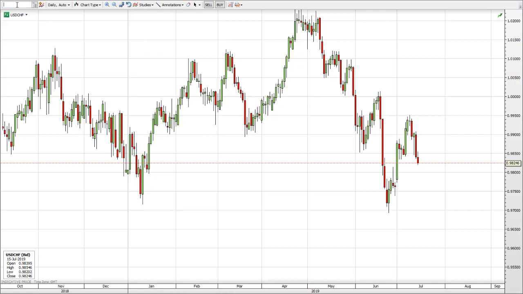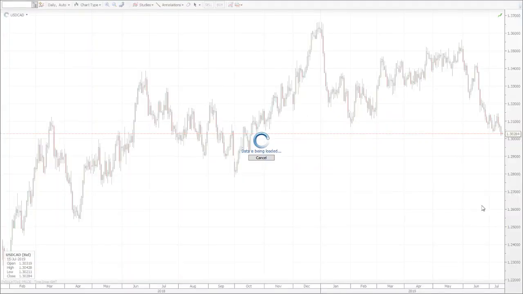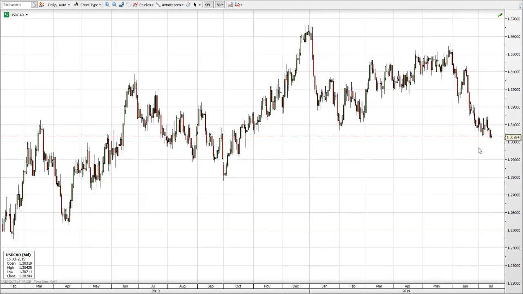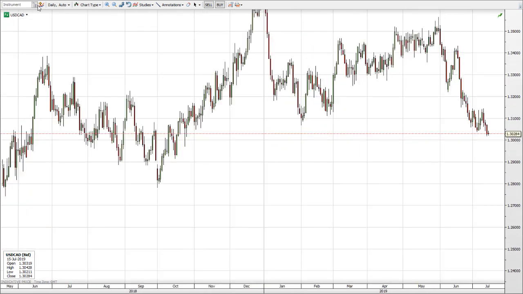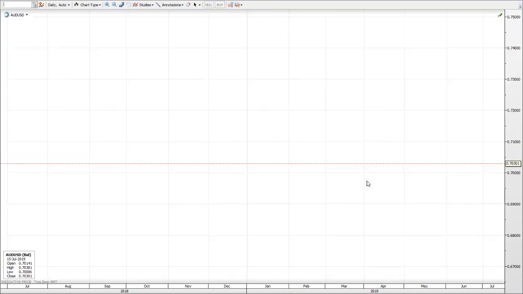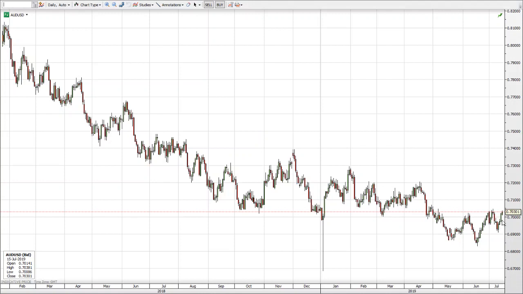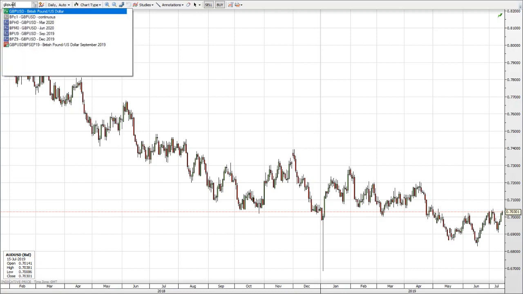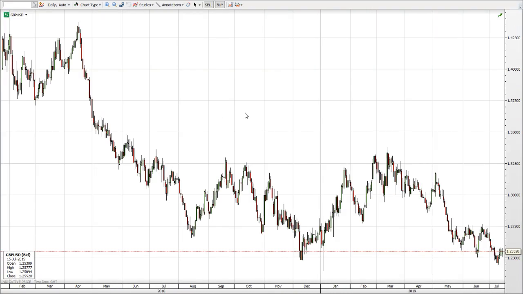If we look at the US dollar against other markets, you can see that there is a bit of bearish price action the past couple of days as well. Against the Australian dollar, once again you can see that the US dollar has weakened. Another look at the pound.